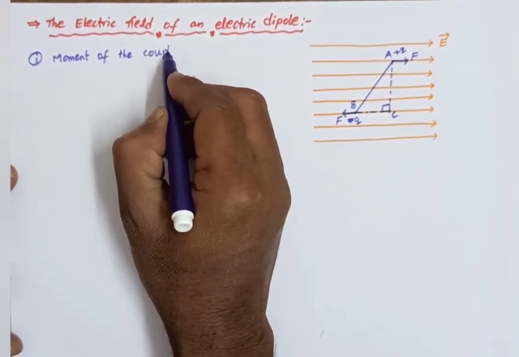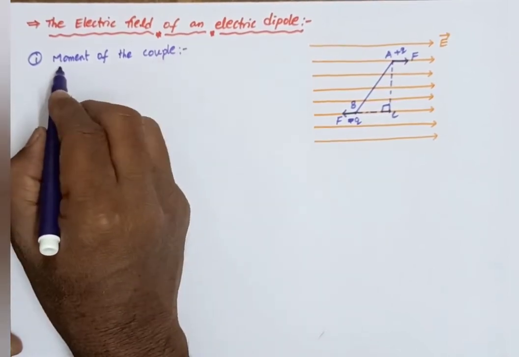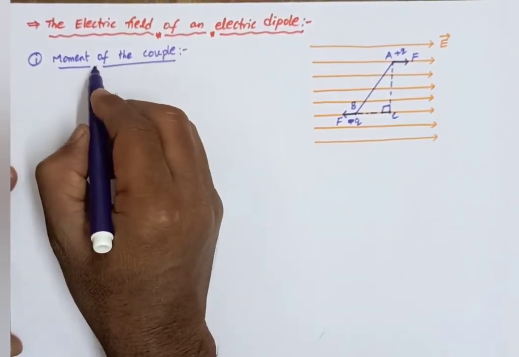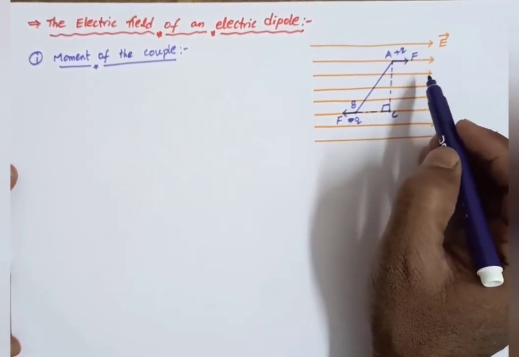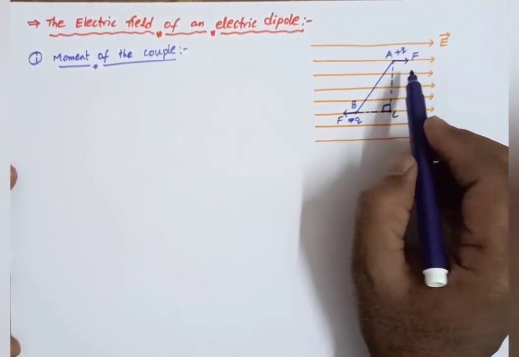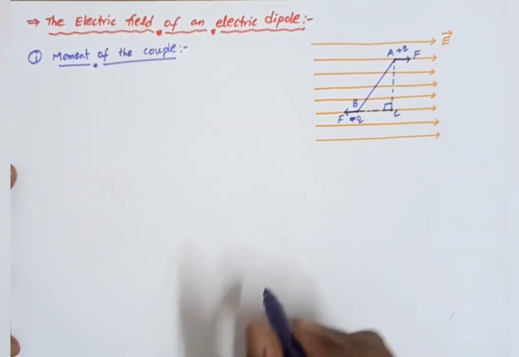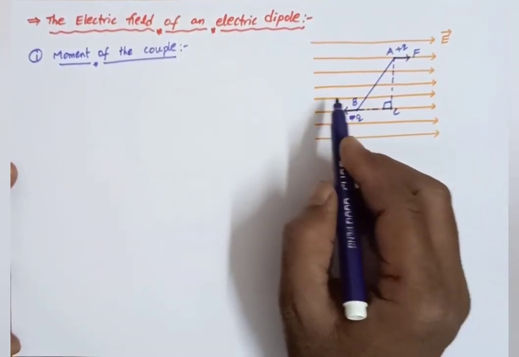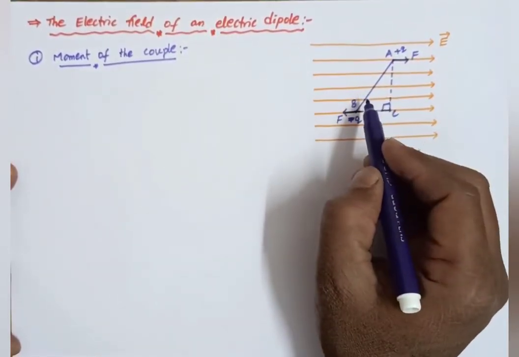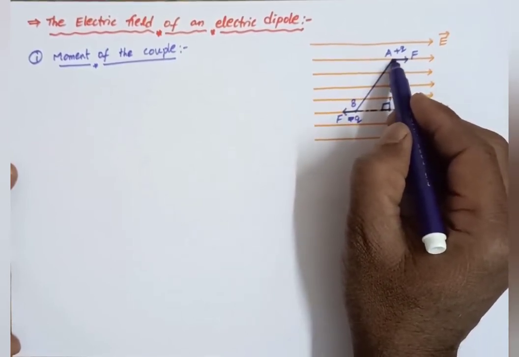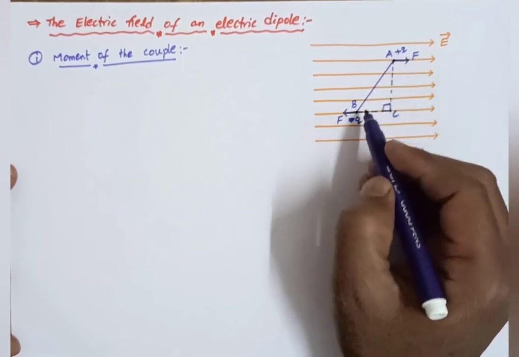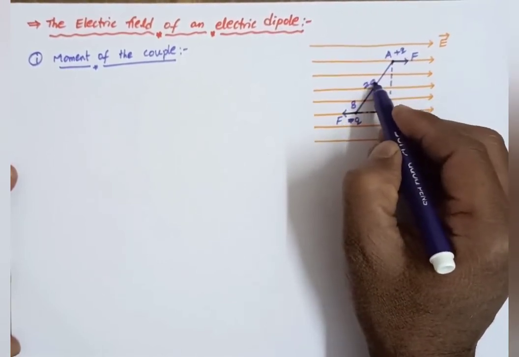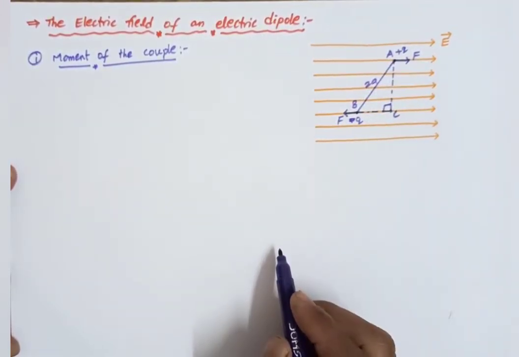Here we consider an external electric field, E. We consider AB as the plus Q and minus Q, separated by 2A.